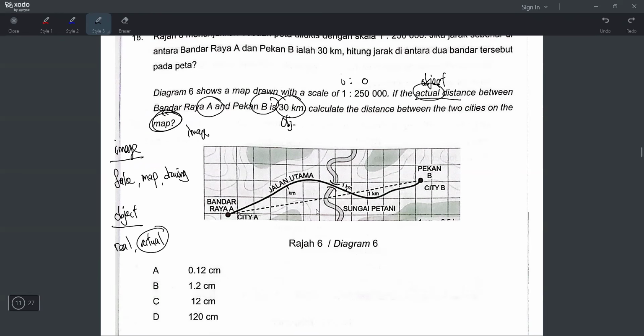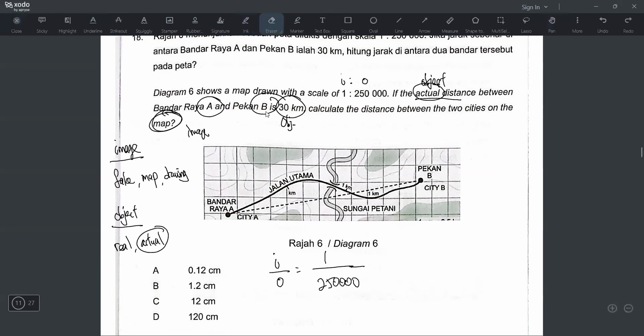Okay, what you have to do is use the scale drawing to help you. So image over object. The ratio can be converted to a fraction. So I over O is 1 over 250,000, right? And as long as it's length, you can substitute in already. So 30 km is the object, so you just erase the O and write 30.